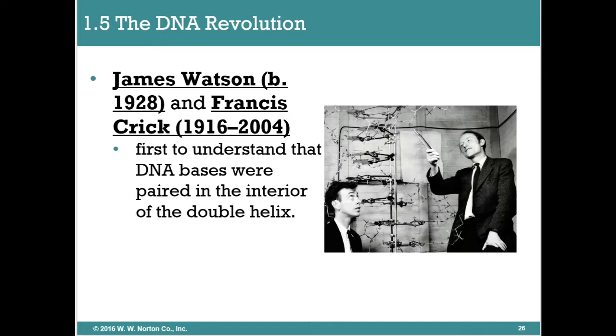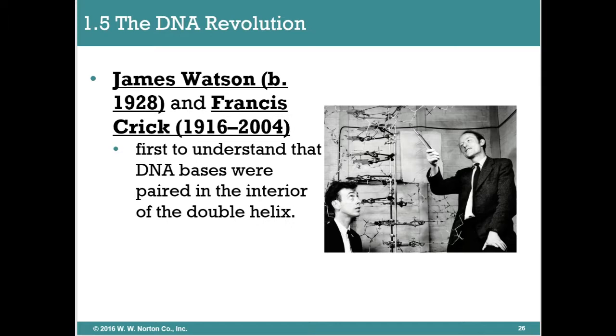And they actually got a Nobel Prize for their discovery of the structure of DNA as a double helix. Unfortunately, Rosalind was not able to be acknowledged in the Nobel Prize because she died.